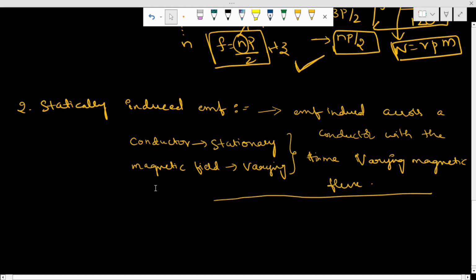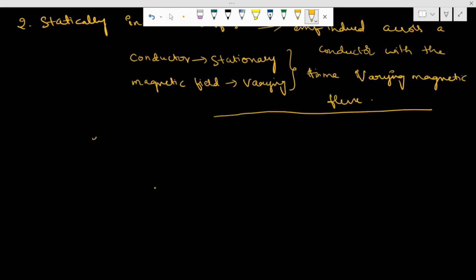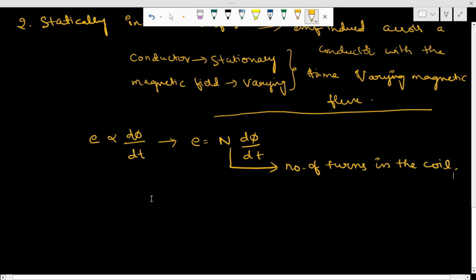We already know from Faraday's law of electromagnetic induction that E is directly proportional to d phi by dt. E is equal to n d phi by dt, where n is the number of turns in the coil. There are two types of statically induced EMF.